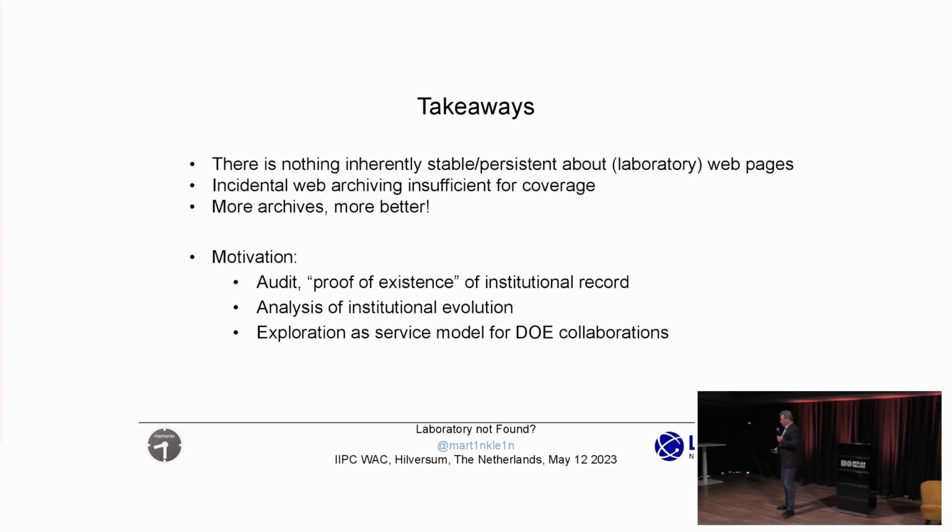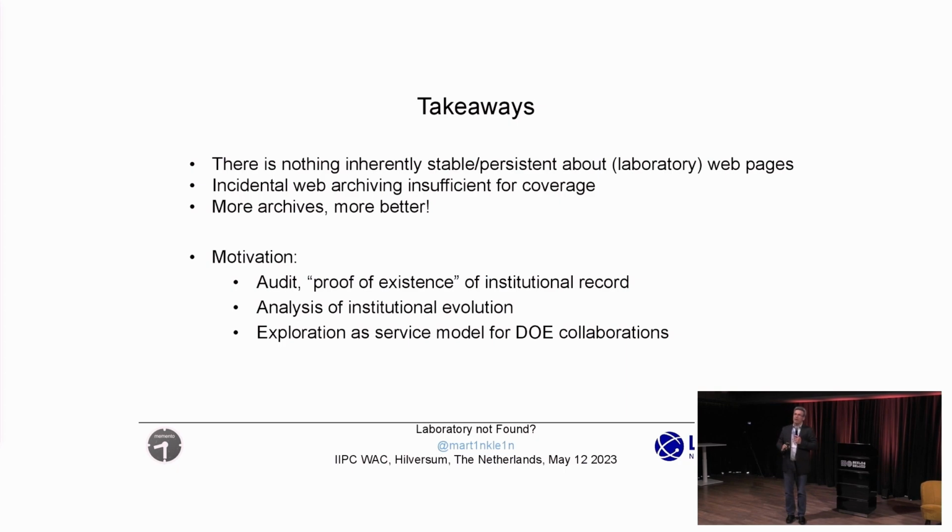So I just want to stress a couple of points, right? Even if you pay your taxes on time, there's nothing inherently stable about government websites, right? Things break all the time, whether it's LANL or something else, things break. That's a given. We've shown this with our outcome, right?